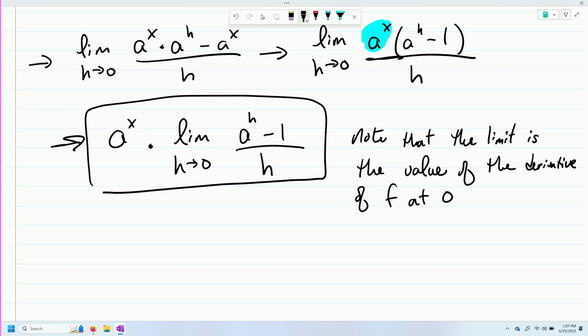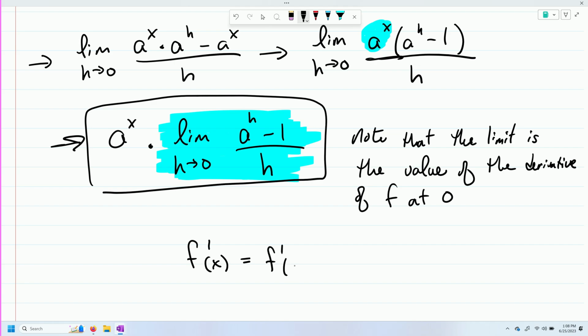In other words, what this is really telling us here, I'm just going to highlight it so you know what I'm talking about. So what this is really saying is the derivative at x is equal to the function's derivative evaluated at 0 times a to the x.